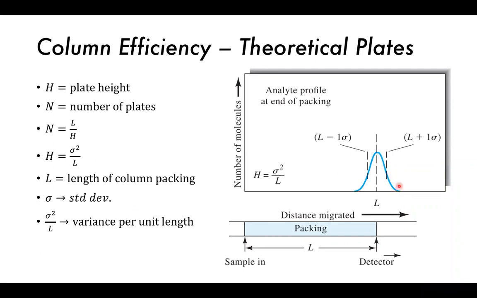There's usually a very nice Gaussian distribution, and from that Gaussian distribution we're able to get the standard deviation, which is used to calculate the plate height. So H is equal to the standard deviation squared divided by L, where L is the length of the column packing. Standard deviation is given there as sigma. Sigma squared over L is then the variance per unit length.